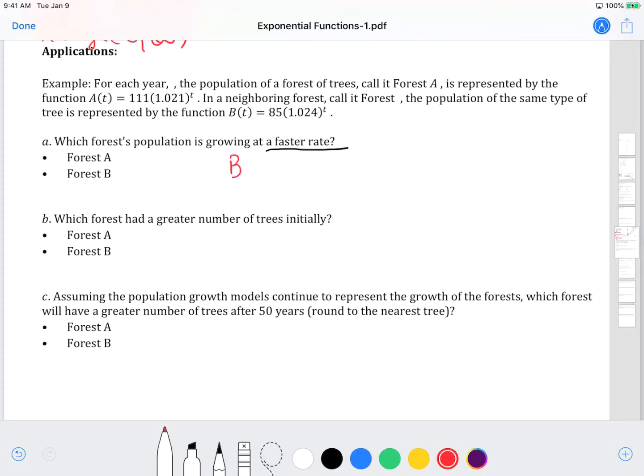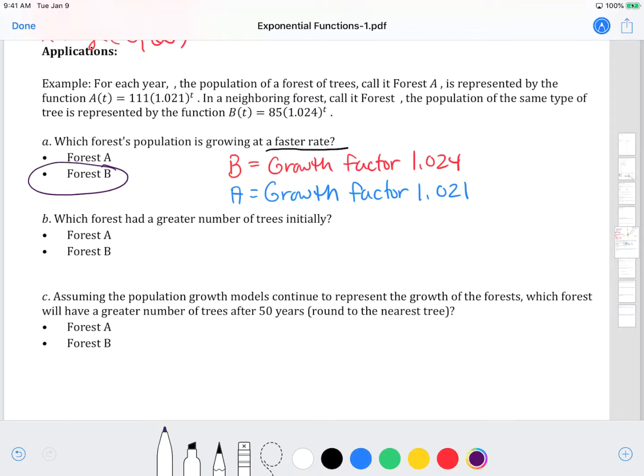So forest B has a growth factor of 1.024, and forest A has a growth factor of 1.021. Between the two of them, the growth factor for forest B is bigger. So forest B is going to grow faster.